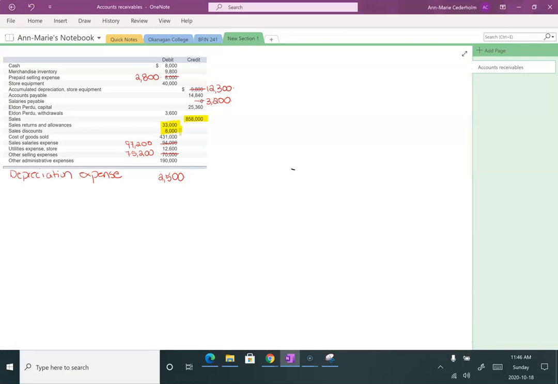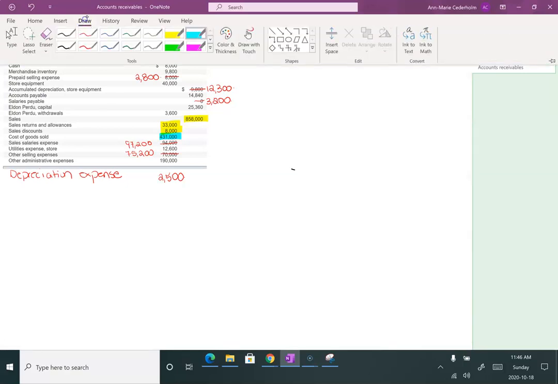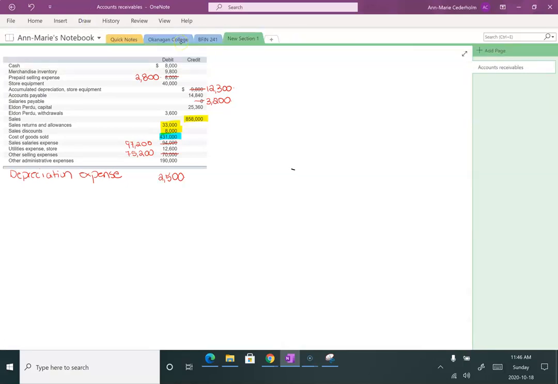And then we separate our cost of goods sold into a different category, and then that's going to give us our gross margin. And then we list all of our other expenses. So that's my salaries expense, my utilities expense, my other selling expense, and my other admin expenses. So all of those will go on the income statement under different categories. Oh, and my depreciation expense. And the rest of the information goes on the balance sheet. So that's why I didn't highlight them.